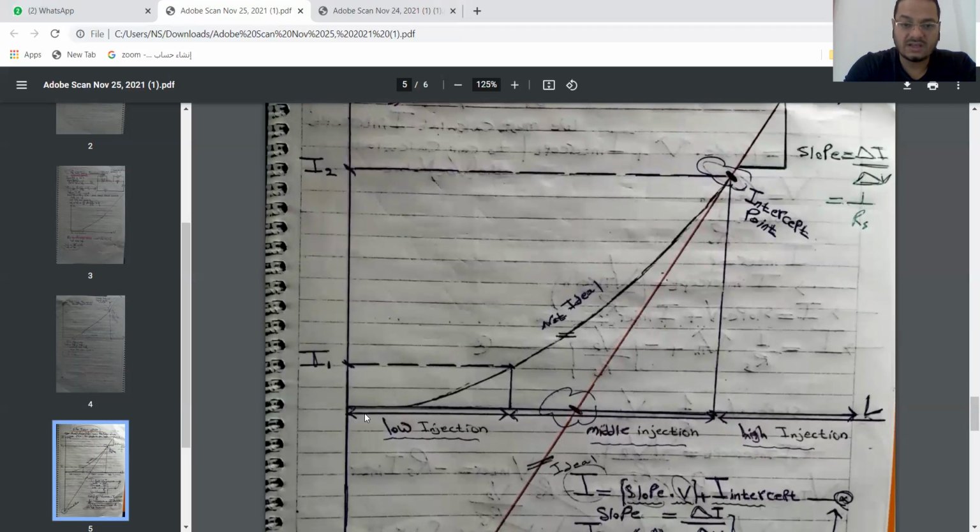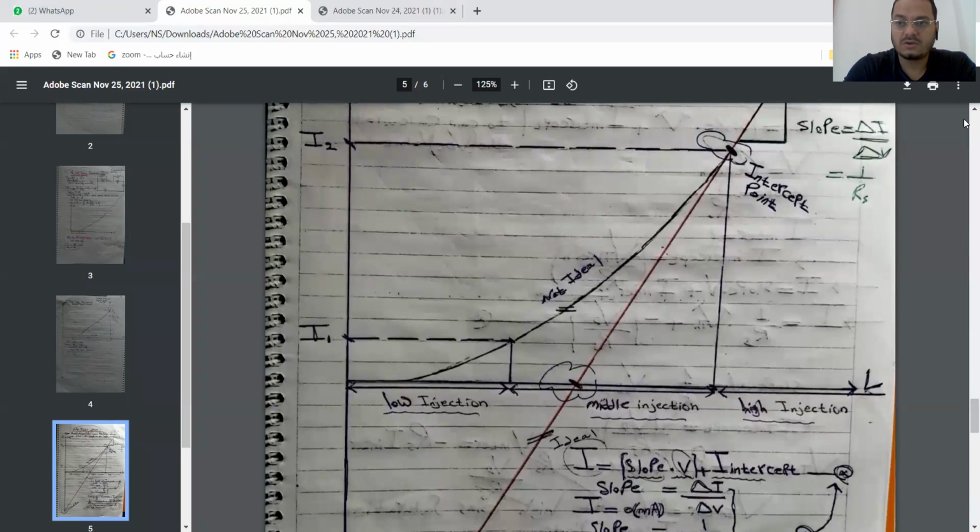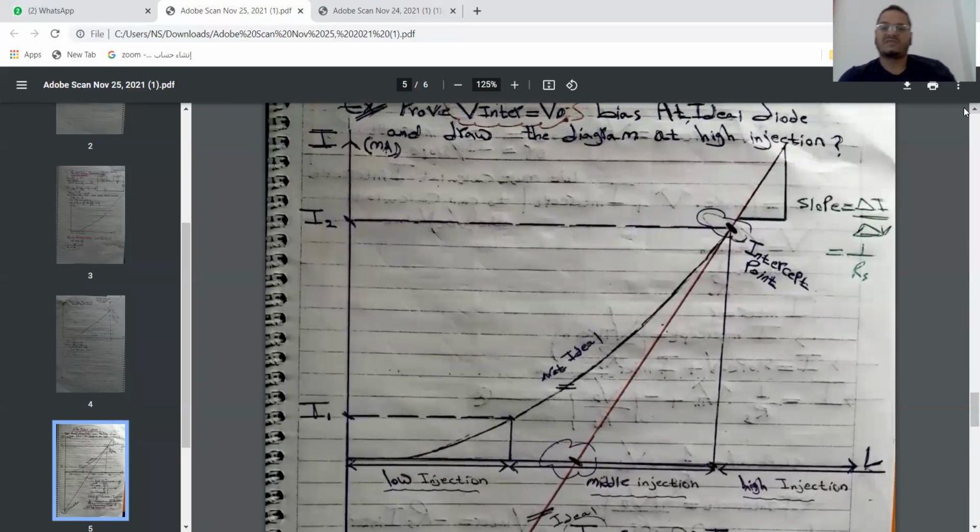At the ideal diode, the non-ideal diode curve will be curved like that, and after that it will start to behave like Ohm's equation. Now we will start from the slope, equal to delta I, I3 minus I2, over V3 minus V2, and we can say it equals 1 divided by the series resistance.